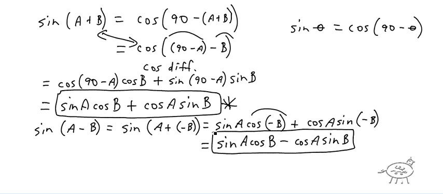Okay, so let's use these formulas in a couple calculations. So let's start out with sine of 15 degrees. Really very much the same as cosine of 15 degrees. You kind of just need to find a combination that gives you 15 degrees.